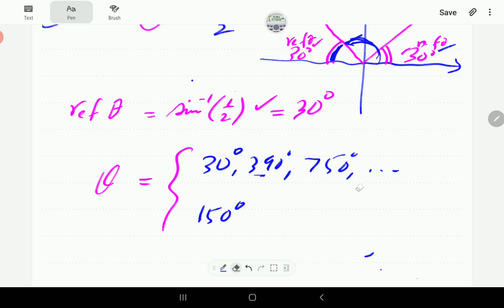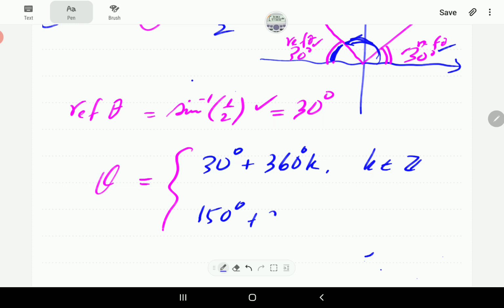So to include all of them, what we simply do here is we say 30 degrees plus 360 times k, where k is an integer. Okay, so k is 1, this is 360 plus 30, k is 2 is 30 plus 720, k is minus 1 is 30 minus 360.